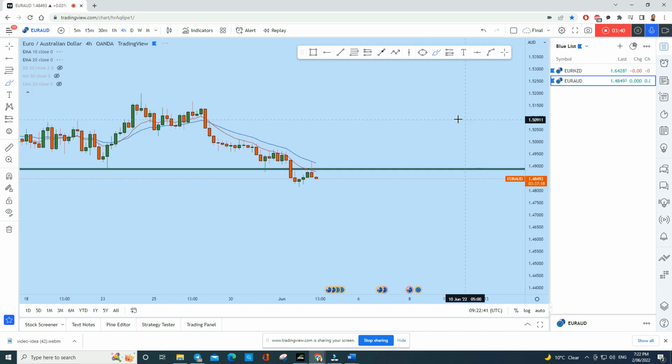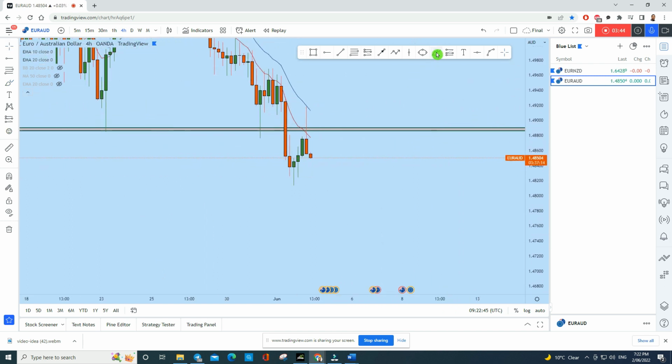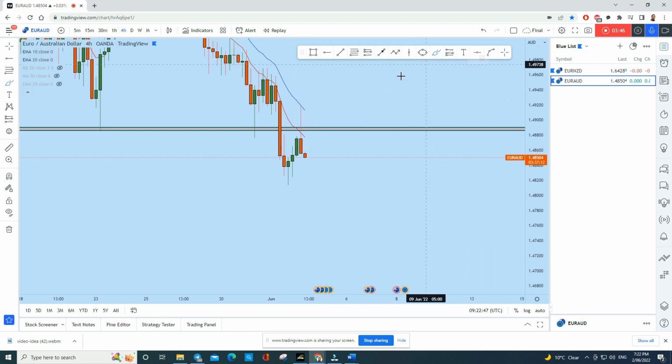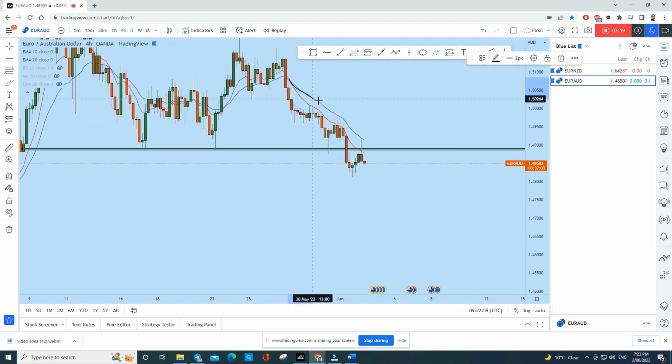Going to the intraday or 4 hour time frame, what we have seen is that Euro AUD tested the 20 period moving average and created a strong pin bar in this downtrending market. And then we have seen a separation between the 20 period and 10 period.